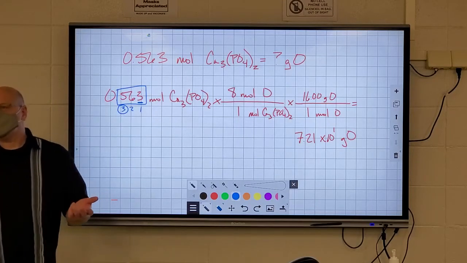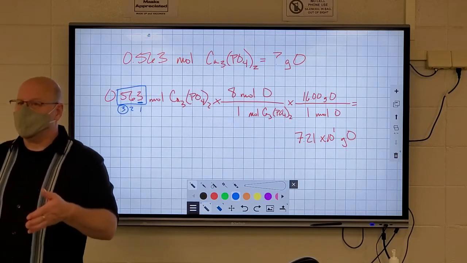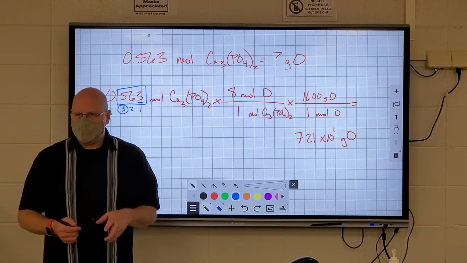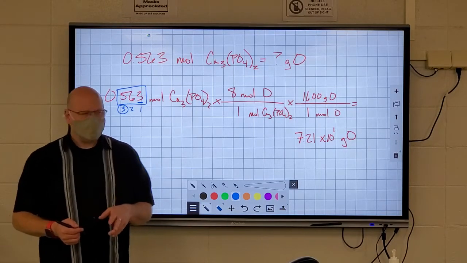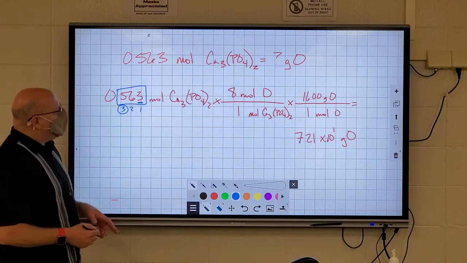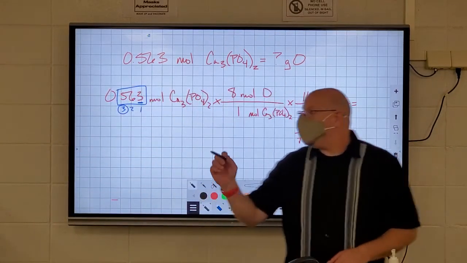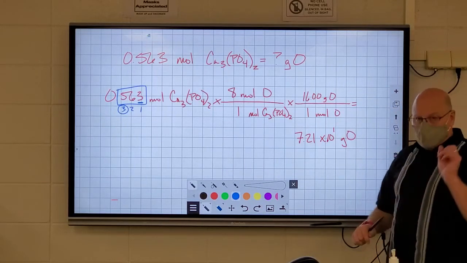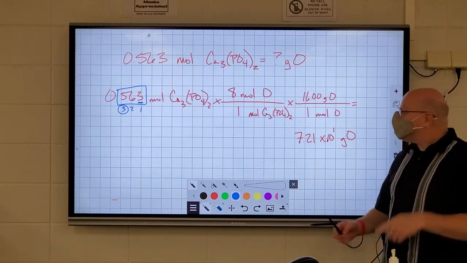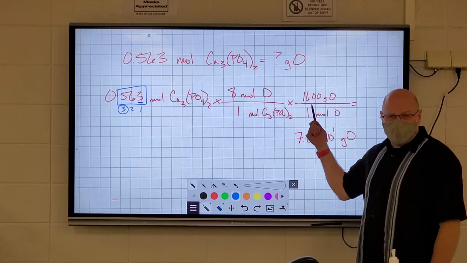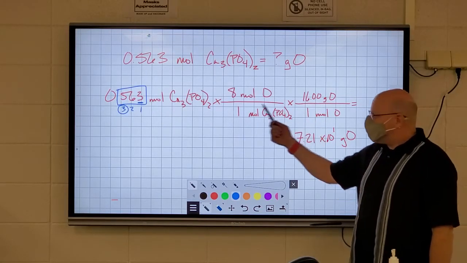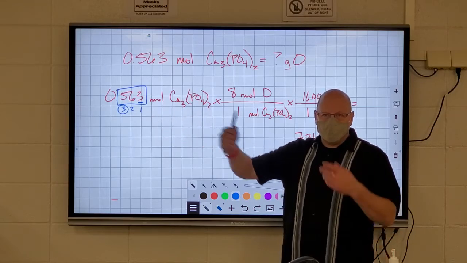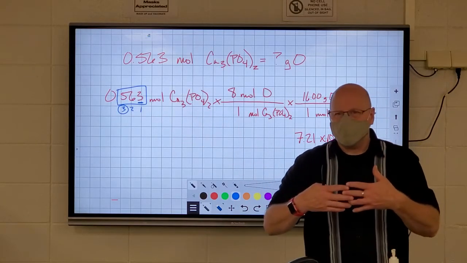Your final answer should only have 3 significant digits. Not decimal places, but 3 significant digits. Well, I said 2 because of the 16.009. And that's why we're not looking at these numbers in here. But since you asked, that has 4 significant digits. That only has 3. So when you multiply, you go with the one with the least.